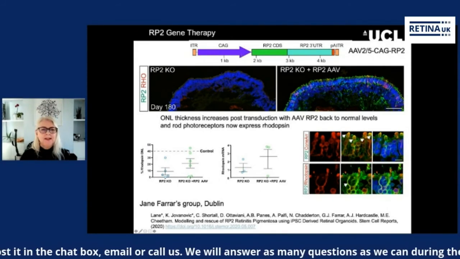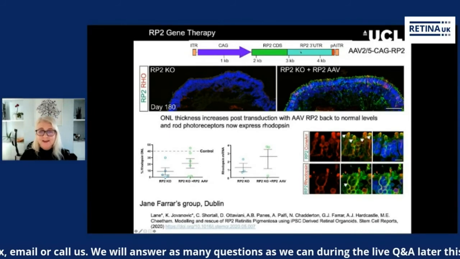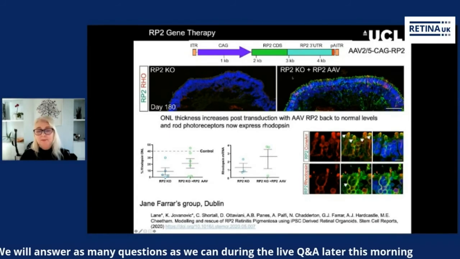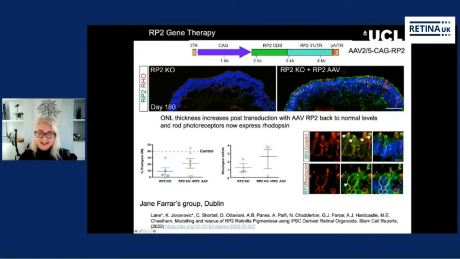We introduce a gene therapy vector containing the RP2 gene, and we put it on the organoids, and hopefully you can really appreciate the fact that we've got loads and loads of green here. It's just amazing. What this is showing us is that the vector can transduce the retina. It can get into these photoreceptor cells and restore RP2 protein in these cells. So this is an example of how we can test a gene therapy in these retinas in a dish model.